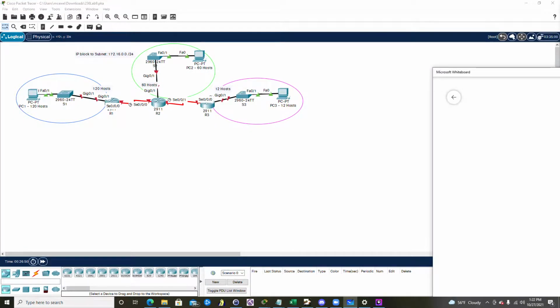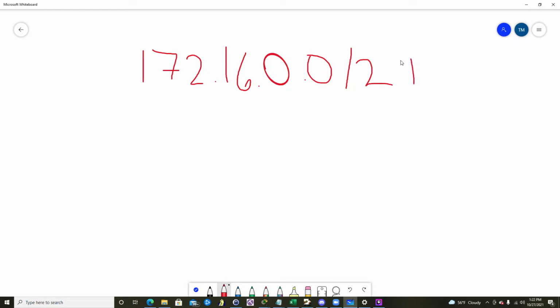We have to think about what that actually means. Remember, this /24 tells us that the 172 is locked in place, the 16 is locked in place, and the third octet, the 0, is locked in place.